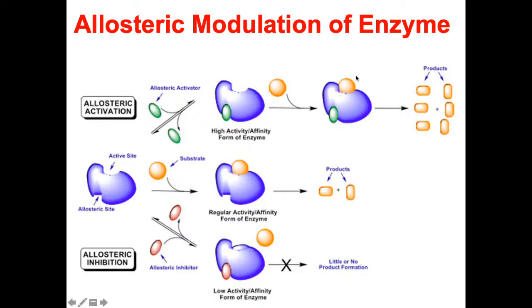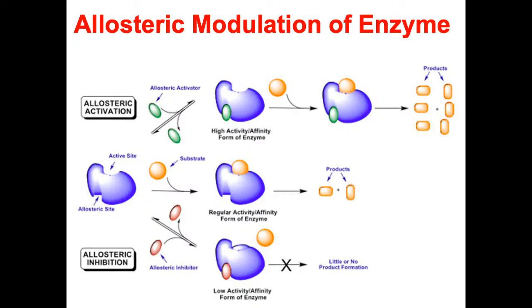These activators will produce a lot of products. In the normal case, if there is no activator, it will produce a normal amount of products. But if an allosteric inhibitor is attached to the low affinity, low activity form of the enzyme, it will produce no products. So there is allosteric activation and there is allosteric inhibition.